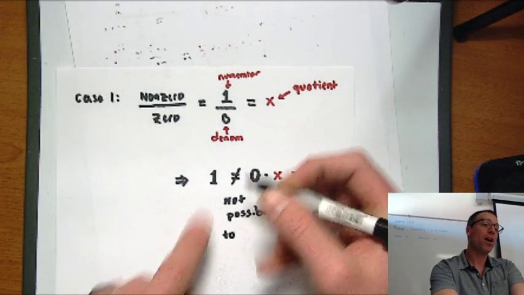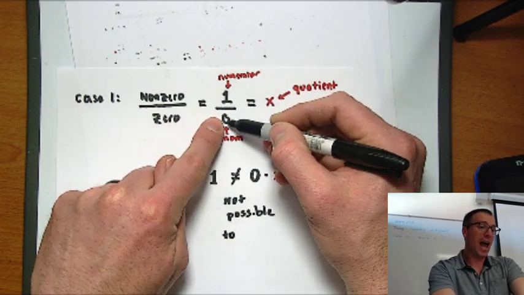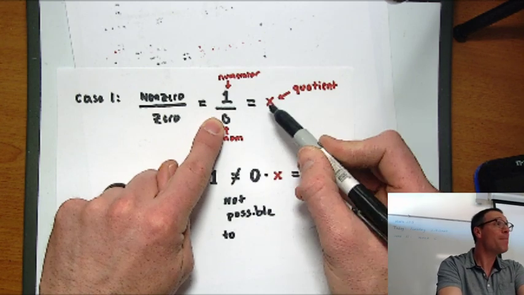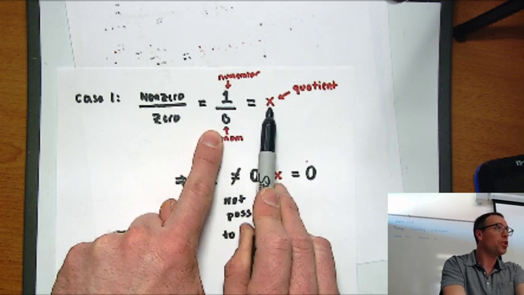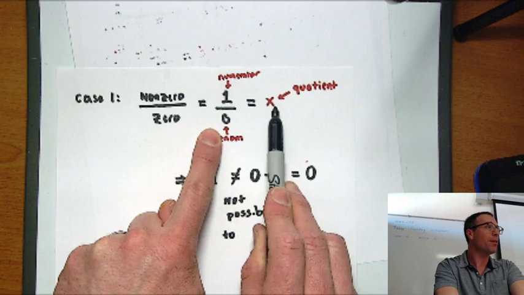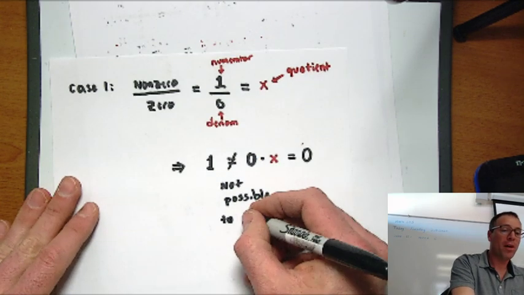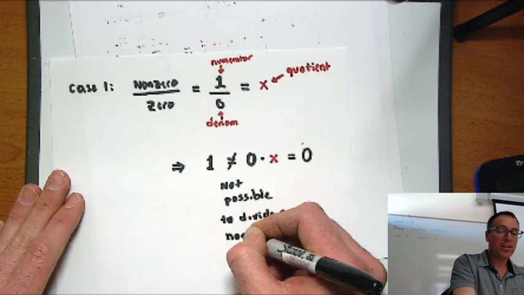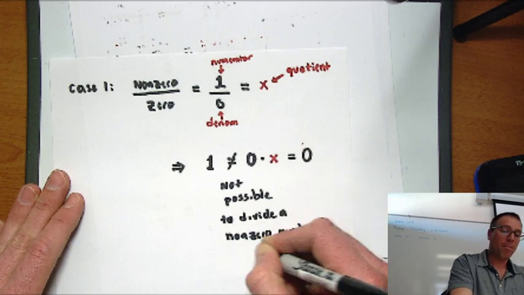Is it ever possible to have a non-zero number divided by 0 and get something that makes sense? If it did, I could multiply the denominator by the quotient and get something non-zero. But 0 times any number must be 0. So it's not possible to divide a non-zero number by 0.